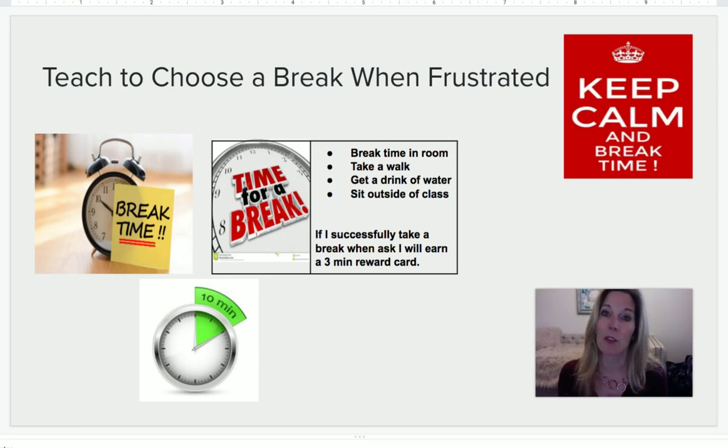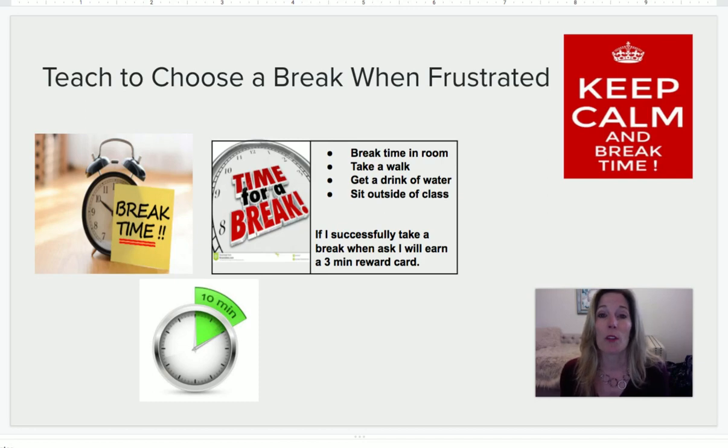And there's some information a little further in this PowerPoint presentation on calming corners and some studies about that. But we always want to start with a break card or talking about breaks. Most of the time when students are displaying unexpected or inappropriate behaviors, it's usually due to frustration or anxiety.